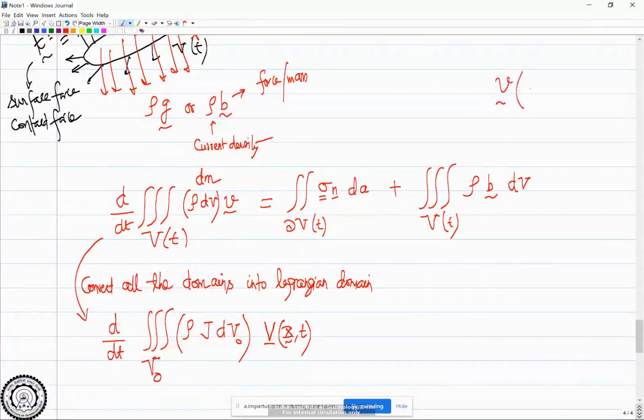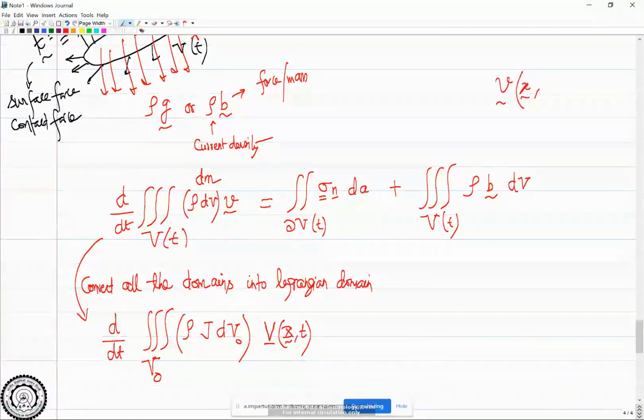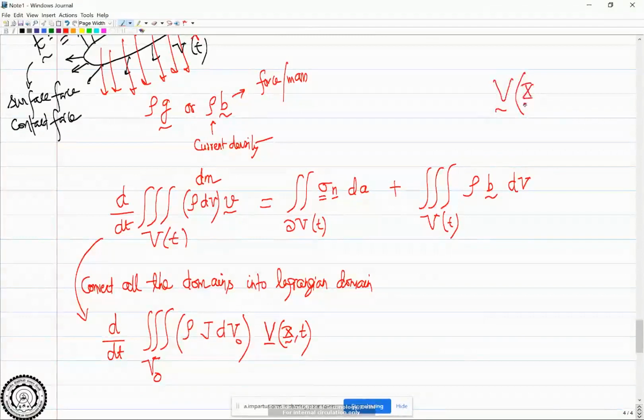So the relationship is capital V of big X, comma t, is equal to small v of f of X, comma t, comma t. That's how you relate the Lagrangian and Eulerian velocities.